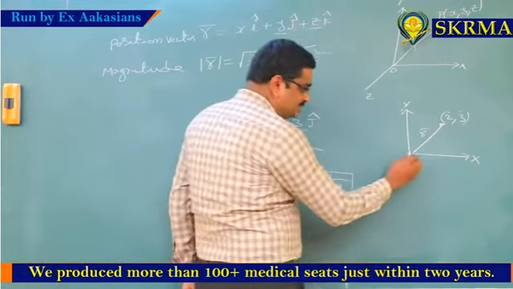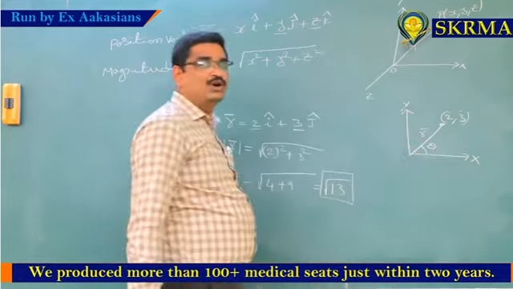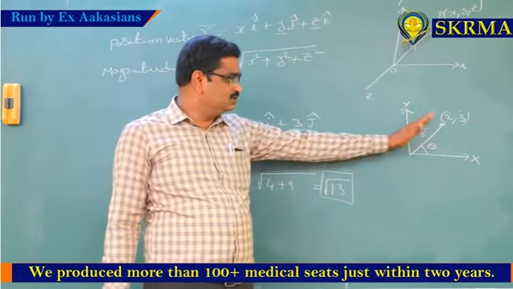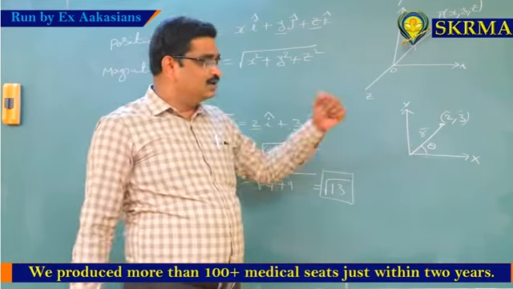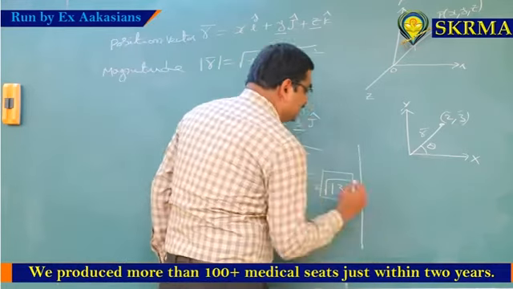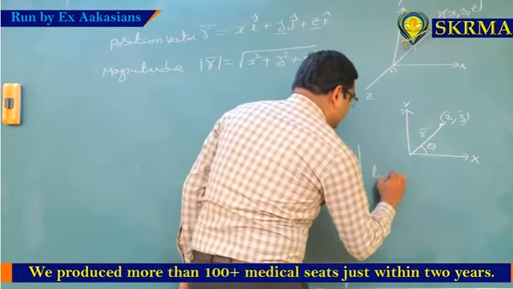Now how much angle is it making with the positive x axis? Let it be theta. Theta is the angle made by r bar with the positive x axis. How are you going to calculate that angle? We can calculate it easily using tan theta.